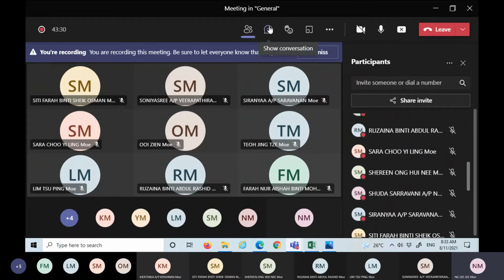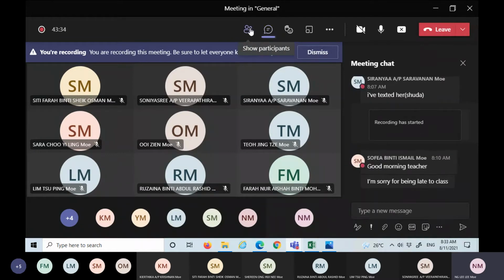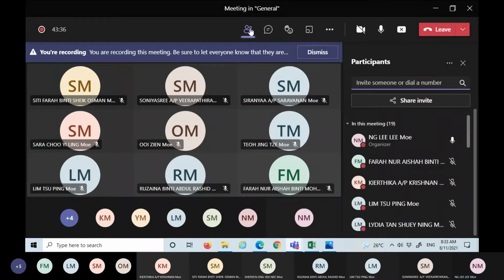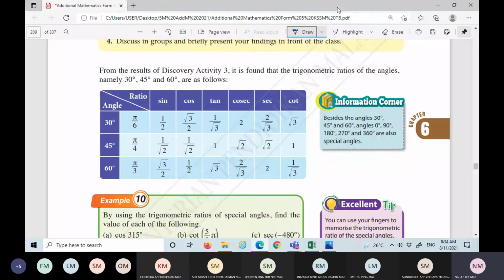Okay, all here already. Hello? Anyone reply me? Special angle, have you learned? Using the right angle triangle to get the value in Form 3. Yes, okay, so I don't have to go through with you.